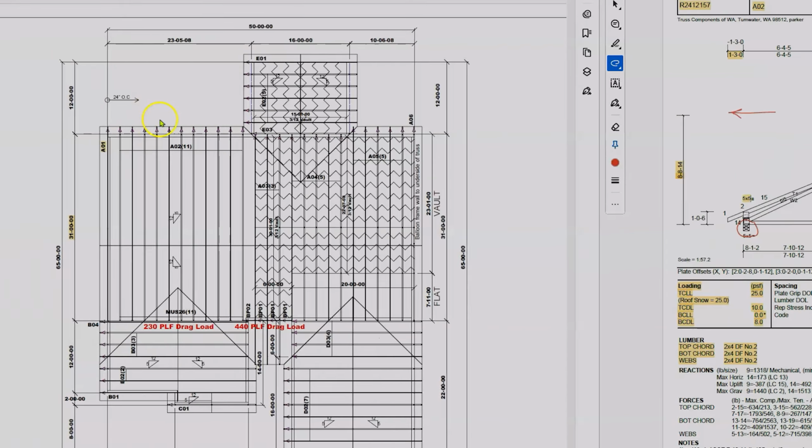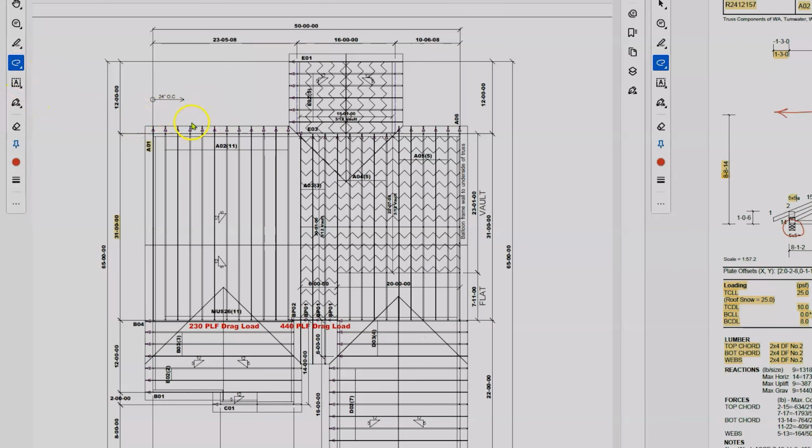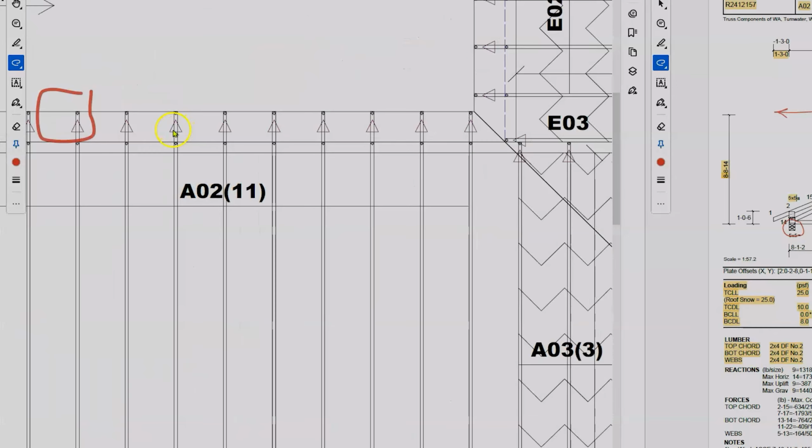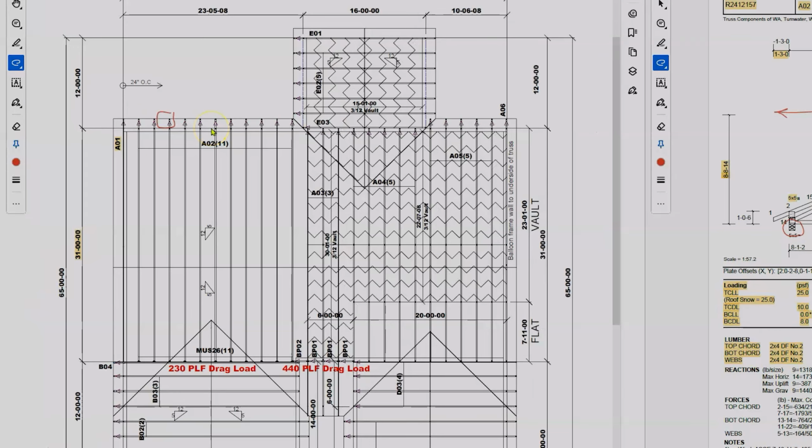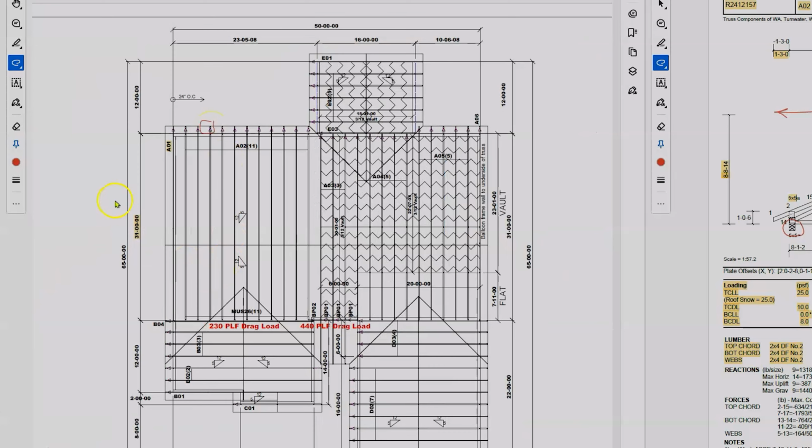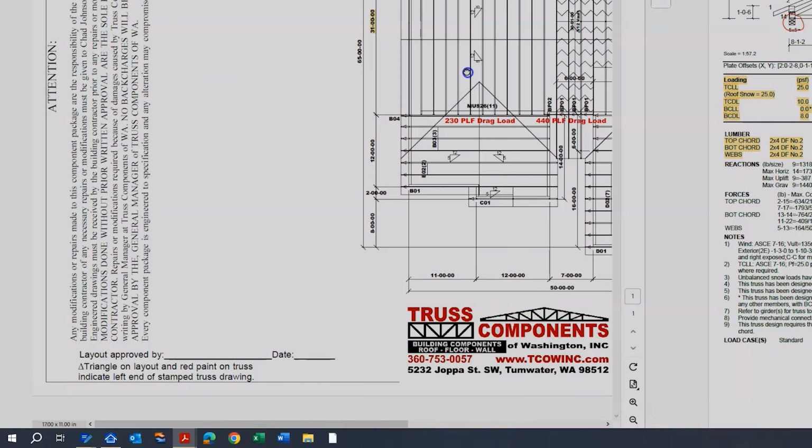So over here on the layout, we can actually see a triangle on the end of that truss. I'll zoom in a bit, and that triangle indicates the left end of the truss. And that's actually here in our notes. We can see a triangle on the layout indicates the left end of the truss.